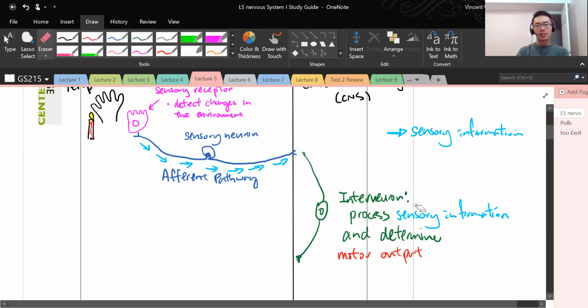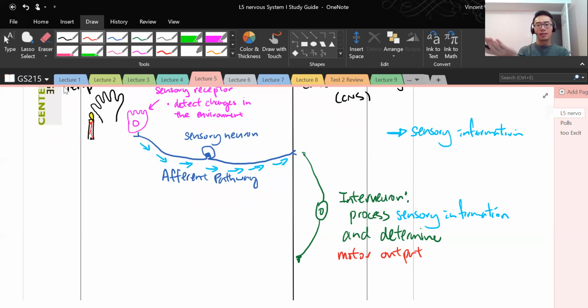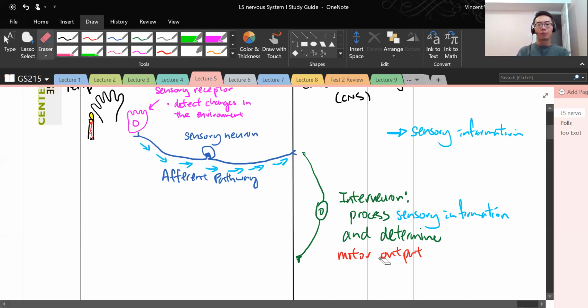In other words, it takes what you have detected, and then it decides what's the best thing to do about it. So in this case, if you touch a burning candle, what's the sensible thing to do? Well, to remove your hand. So that removal of the hand, that is the motor output.